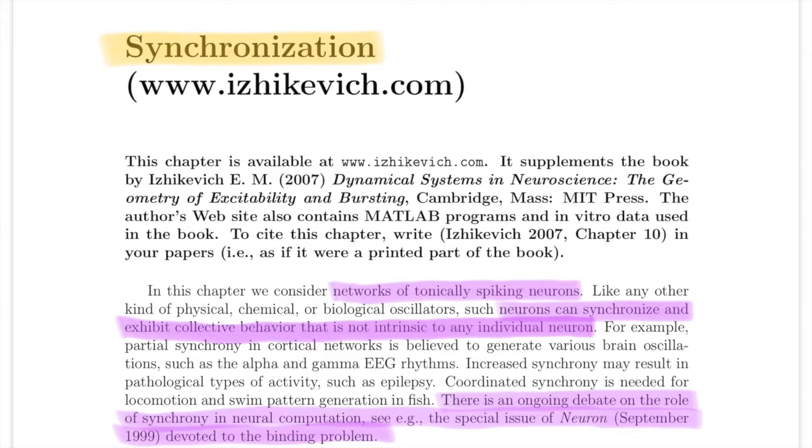Then you can see epilepsy, and it's not a healthy brain. It doesn't mean that synchrony is always good, but synchrony can exhibit some collective behavior. That's the important thing. Sometimes it's good, sometimes it's bad. There is no intrinsic goodness and badness, maybe.